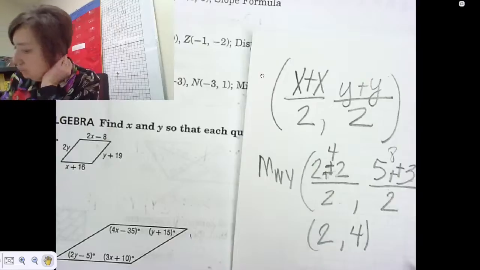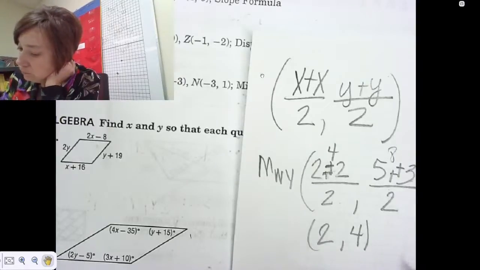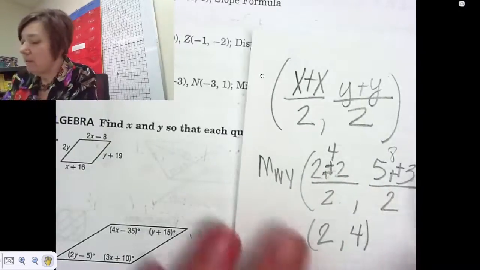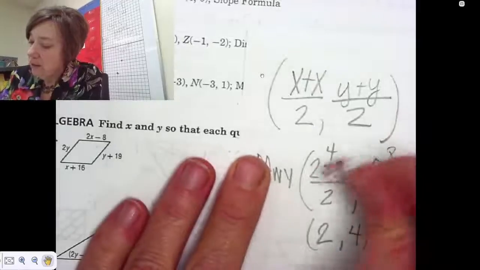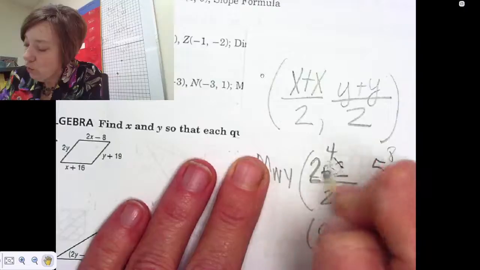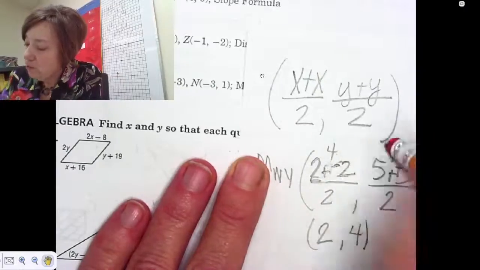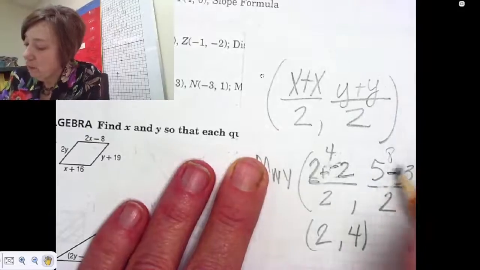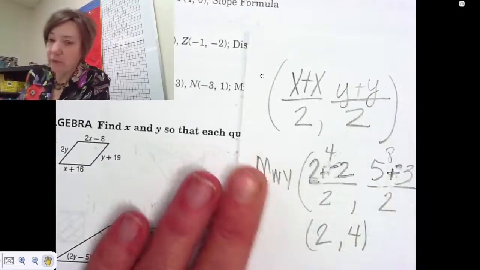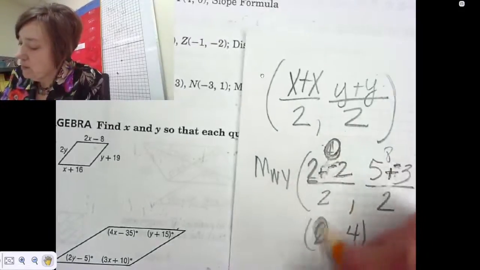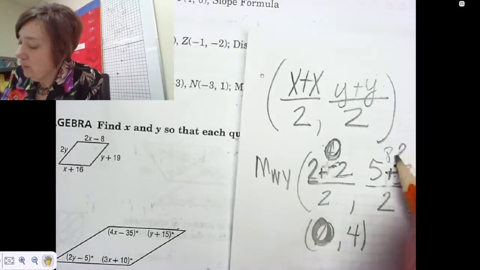Oh, this right here. It should have been 2 plus negative 2. And this should have been 5 plus negative 3. So this would have been 0, which means that would have been 0. And this would have been 1.